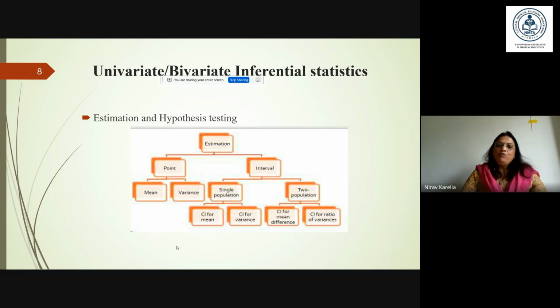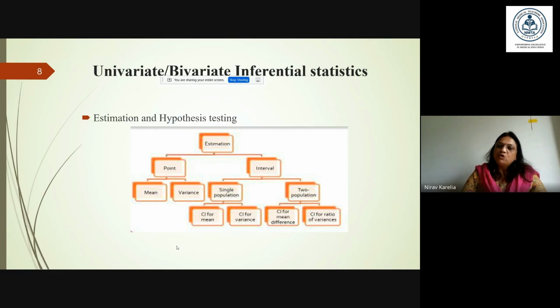Now why do we measure central tendency and dispersion? All of you are aware, and have come across this when you apply a t-test or whatever. You have some hypothesis, so when you measure some estimation, whether point or interval, you can measure central tendency and variance, standard deviation; both are dispersion measures.